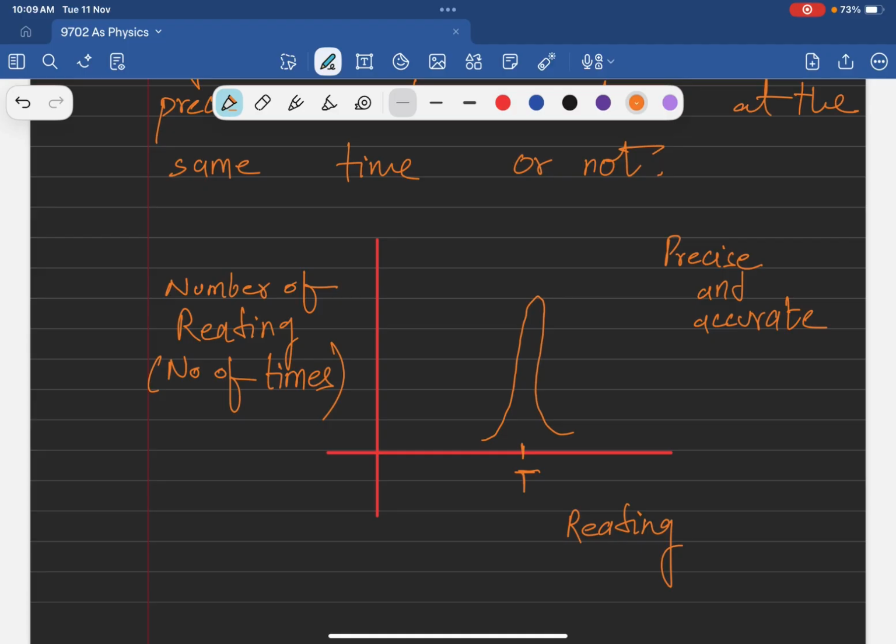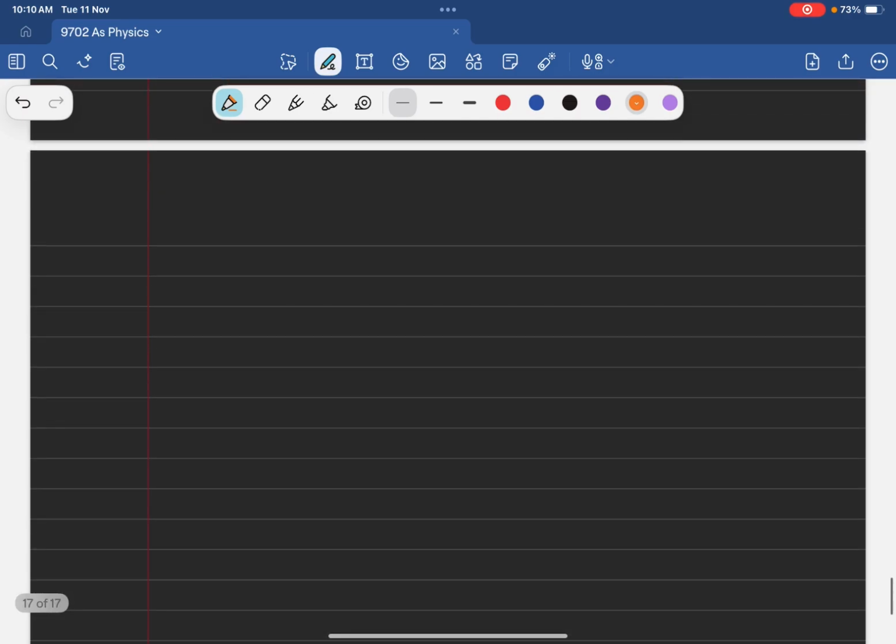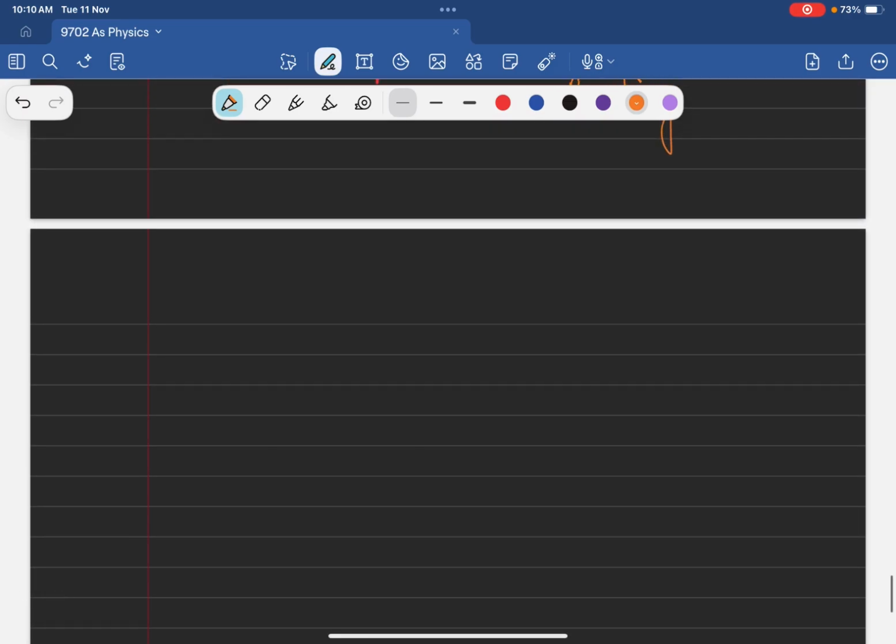Sometimes it can be precise and accurate at the same time, or sometimes it cannot be precise and cannot be accurate. So I will draw another graph to show you something similar. Now let me draw the graph first.